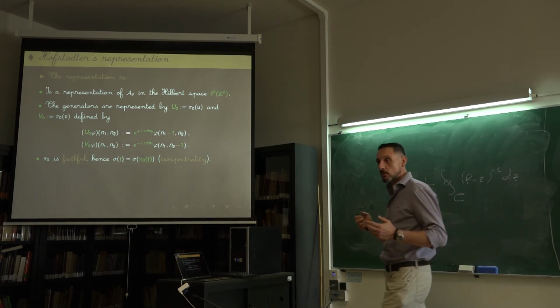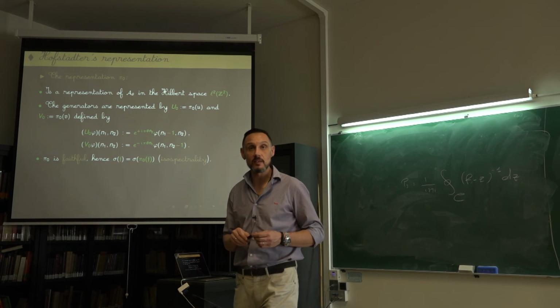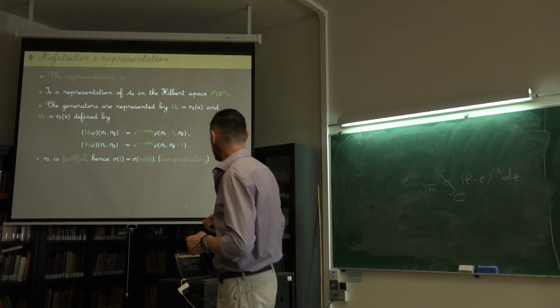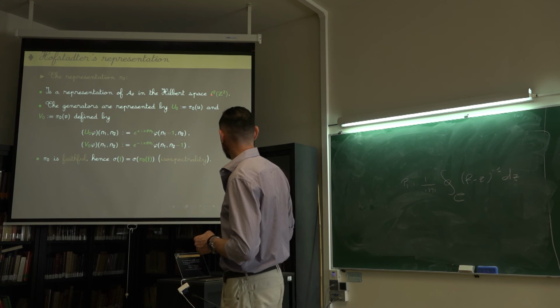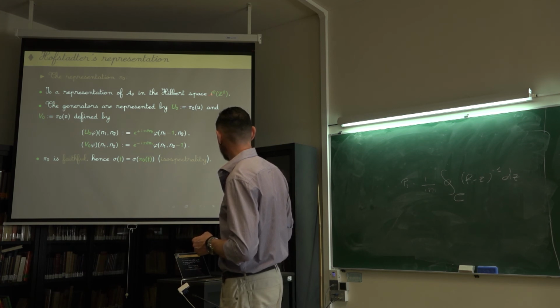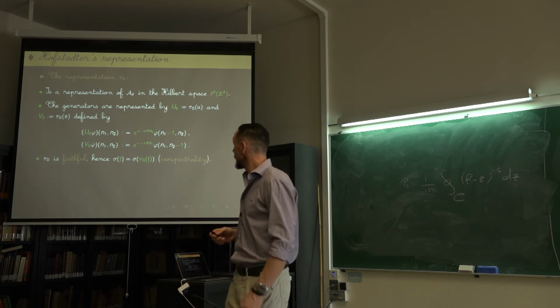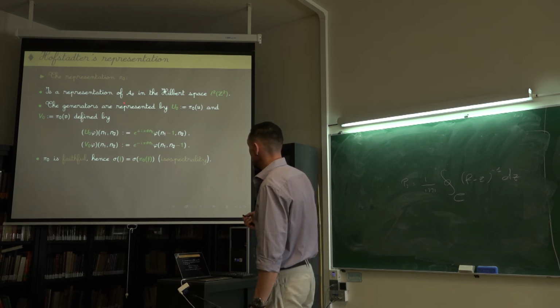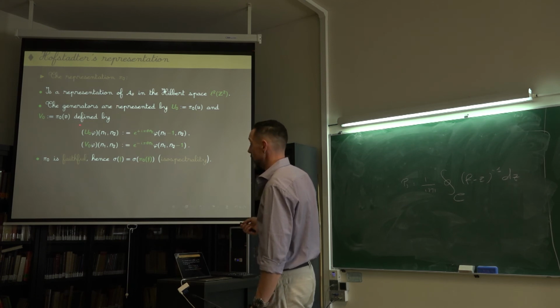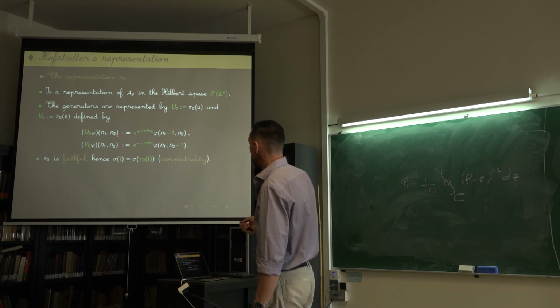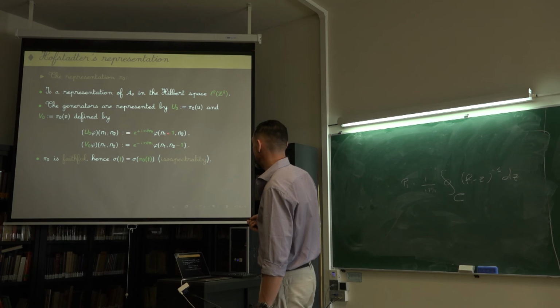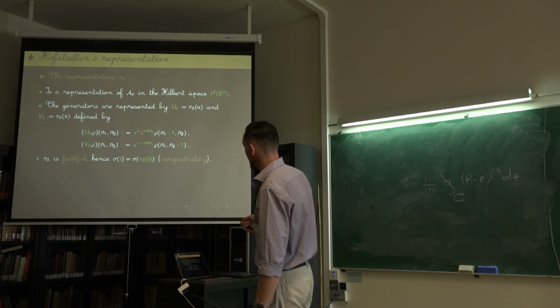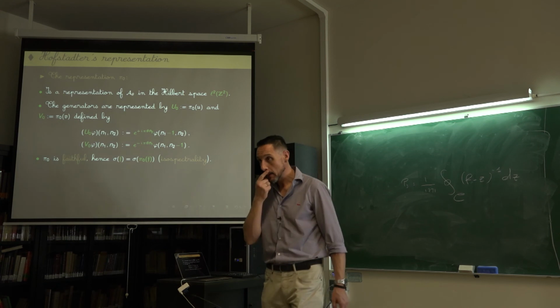There are two very relevant representations of the non-commutative torus. The first one is a representation on the Hilbert space small L2 of Z2. And in this case, the representation is just defined by declaring the representation of the generators. You know, U0 is sent to big U0, which indeed is a translation in the first coordinate and a multiplication by a phase which depends on the second coordinate.